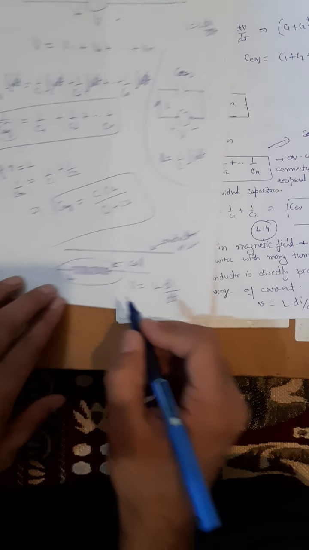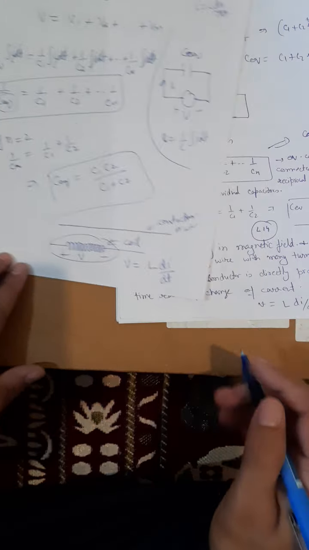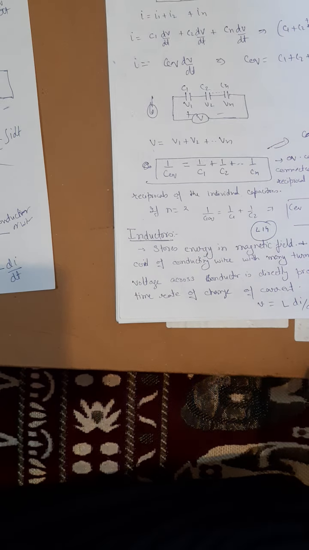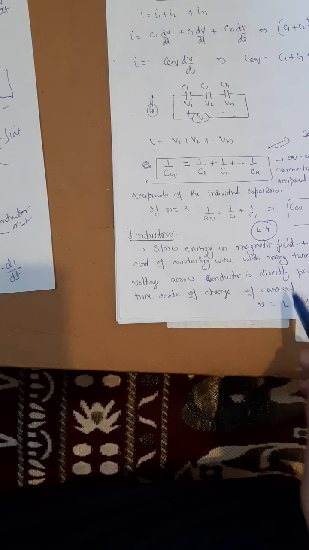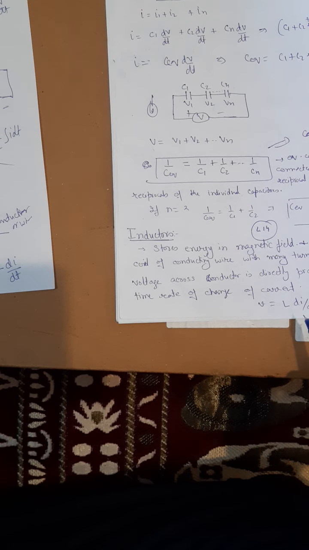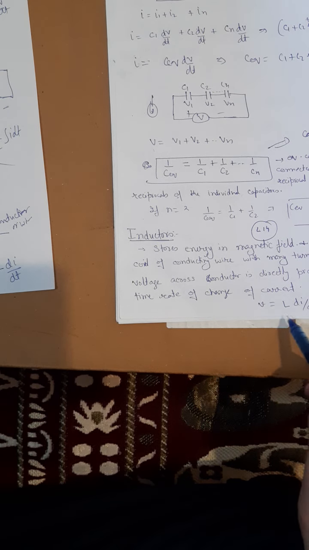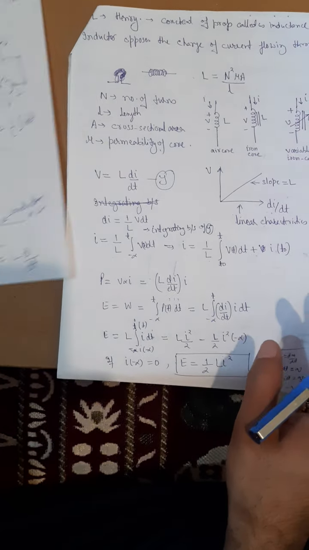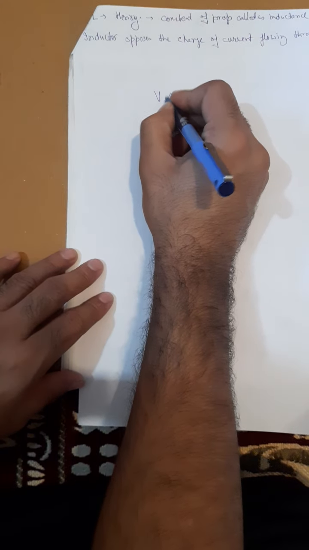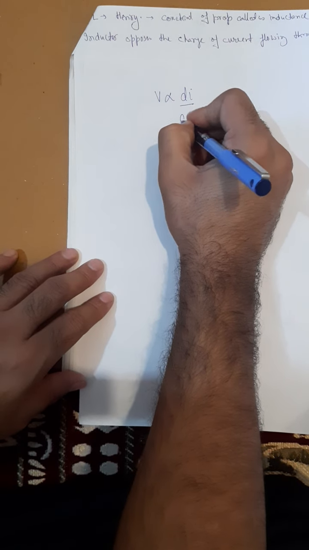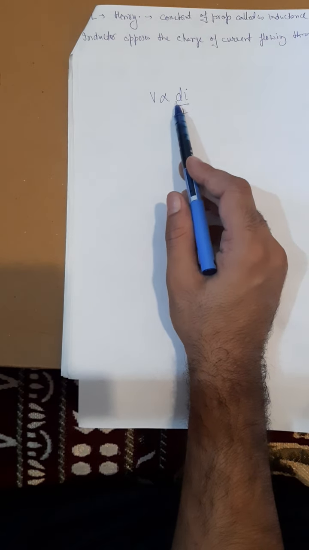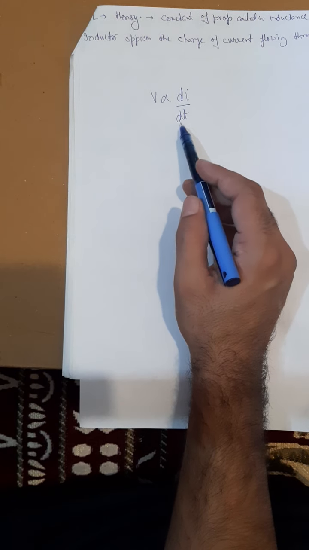This is the voltage across the inductor, plus minus V. So the voltage across an inductor is directly proportional to the time rate of change of current. V = L di/dt. Got it?